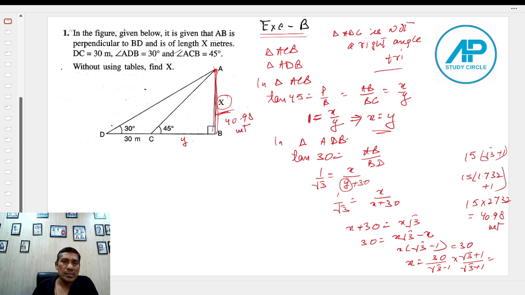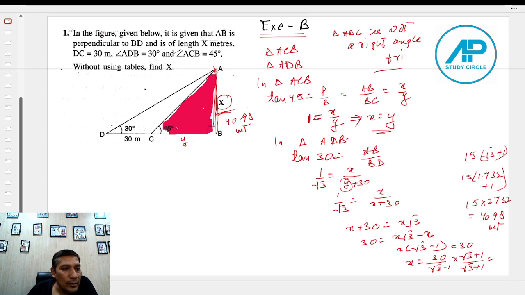So that's the basic concept of the exercise we're going to do. Generally questions come in this manner only. So you should take a smaller triangle first, and find the value of x and y out of here.